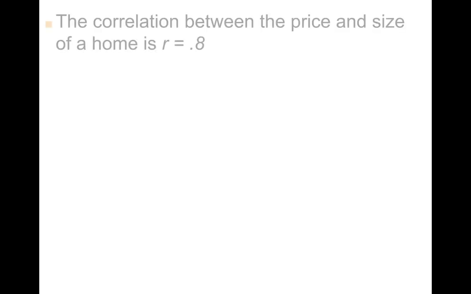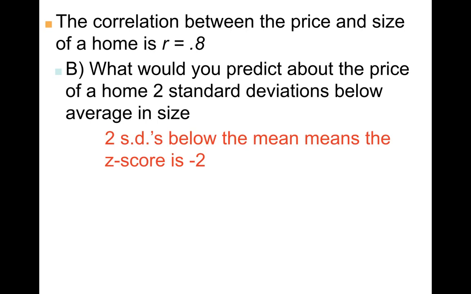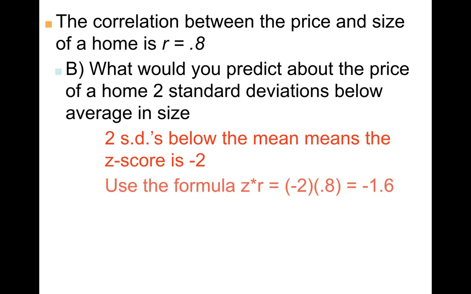And the second part of that question, same question, except what would you predict about the price of a home two standard deviations below average in size? Just like before, two standard deviations means my z-score is either going to be 2 or -2. The word below makes the z-score negative. So two standard deviations below average means the z-score is -2.